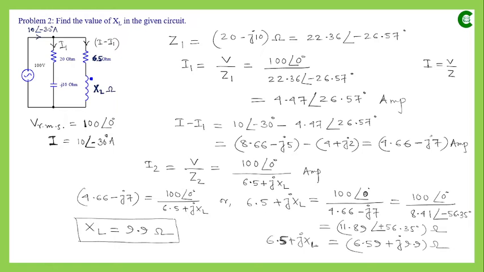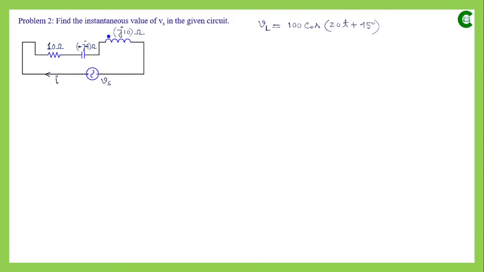Now next we will see and solve another numerical based on a series RLC circuit, but here the format is different. In this circuit, the values of the resistance, the inductive reactance and the capacitive reactance are given. The series RLC circuit is energized by an AC sinusoidal voltage Vs, where the instantaneous voltage notation is given here.